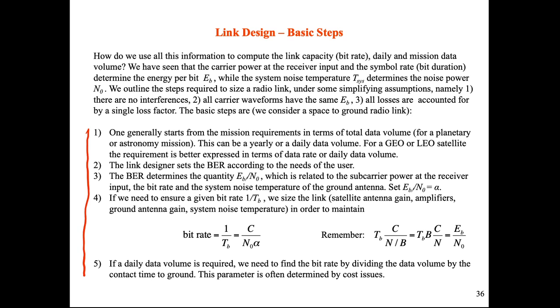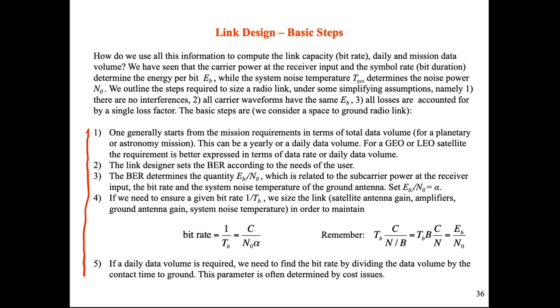Remember that the ground infrastructure is fixed, so the mission designer can choose a given station based on availability, based on cost, based on geographical location, etc., but it's fixed.